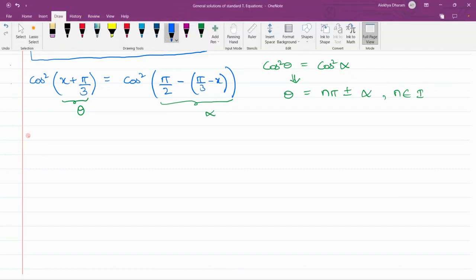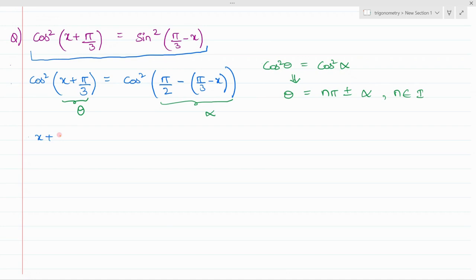So the general solution will be x plus pi by 3 is equal to n pi plus or minus this whole thing. Pi by 2 minus pi by 3 is nothing but pi by 6, and minus into minus plus x.